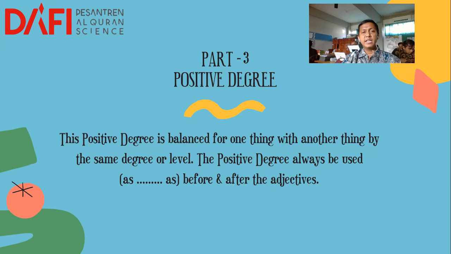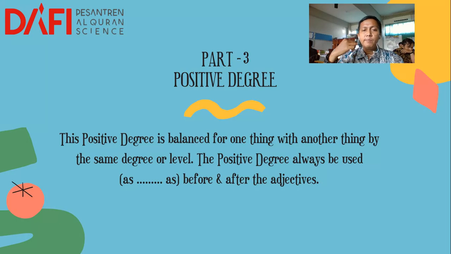The next part three is the positive degree. This positive degree is to balance one thing with another thing by the same degree or level. Balance here is seimbang, setara in bahasa.